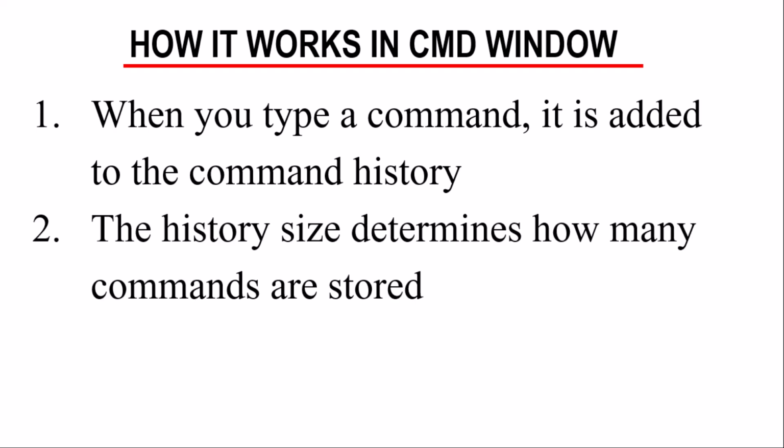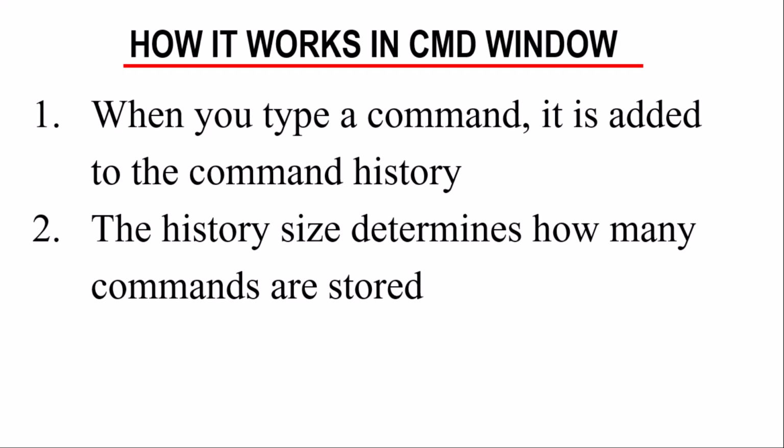Now, the history size determines how many commands are stored. As I said earlier, if the buffer size is set to 50, 100 or 70, that is the size that will be determined by the command prompt, and therefore the history size determines how many commands are stored.